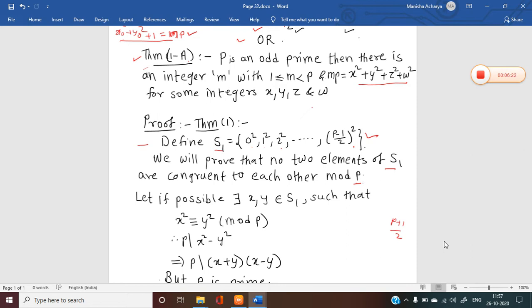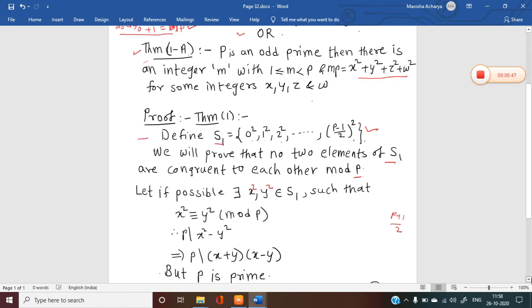Okay, so here we start with the wrong assumption. Let, if possible, there exist x and y belonging to S1 such that x square is congruent to y square modulo p. इथे x आणि y म्हणायच्या ऐवजी आपण म्हणूया x square and y square. Let, if possible, there exist x square, y square belonging to S1 such that x square is congruent to y square modulo p.